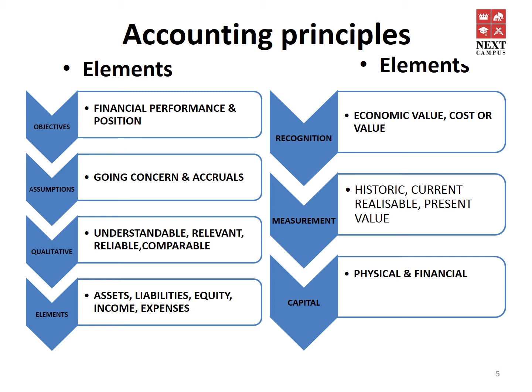Going concern means accounting makes records assuming that the organization will be surviving for the foreseeable future. Accountants prepare accounts, financial statements under going concern assumption, assuming that the organization will be surviving for the foreseeable future.